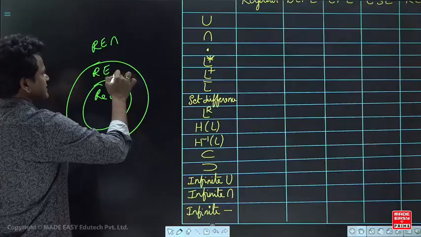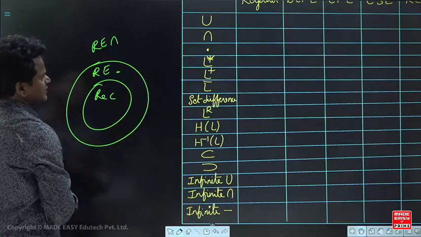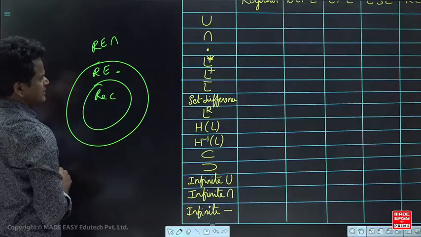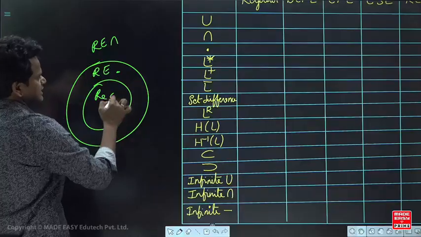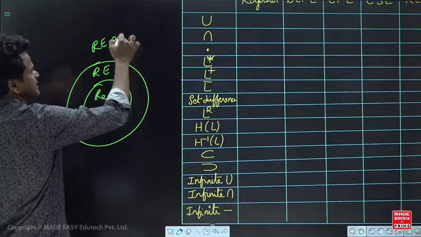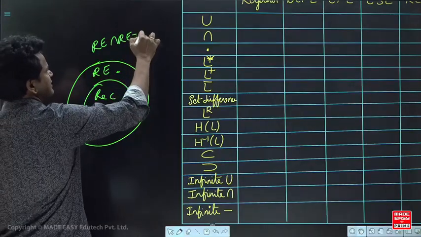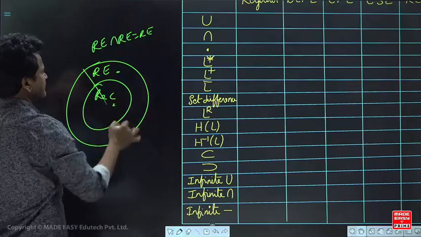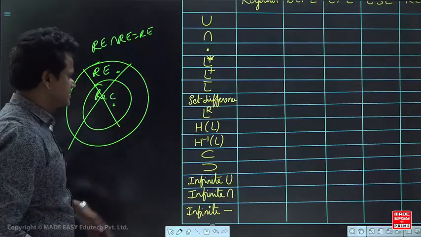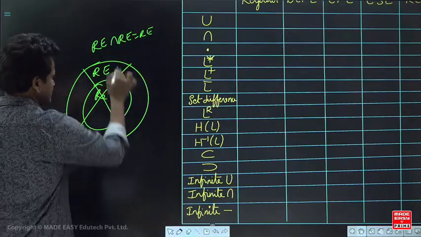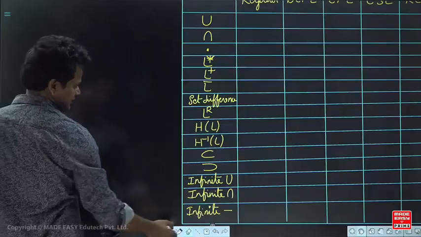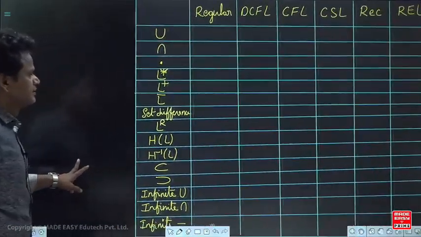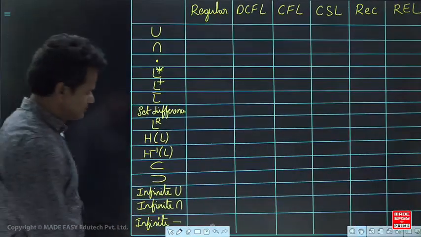Here, this language may not be REC. Every RE may not be REC, but every REC is also RE. So that is the reason we go for upgradation. RE intersection RE is RE. So don't go for Venn diagram. If you are thinking in Venn diagram way, that is not correct. Okay, next. Copied? Now guys, listen.